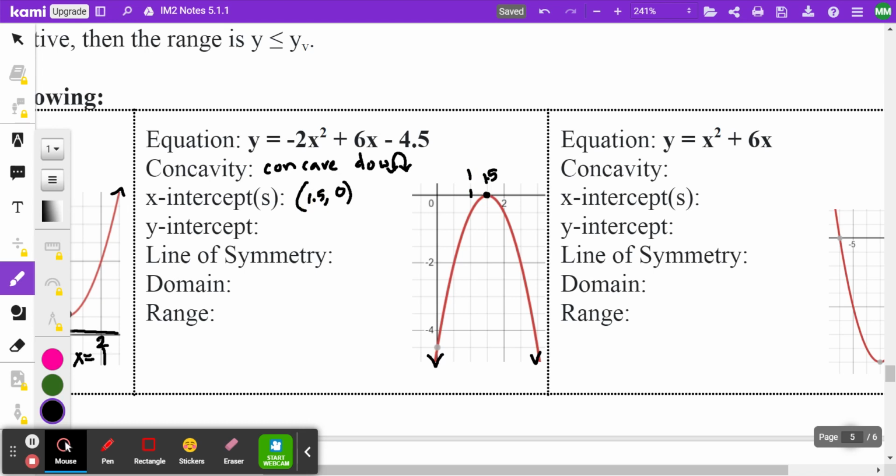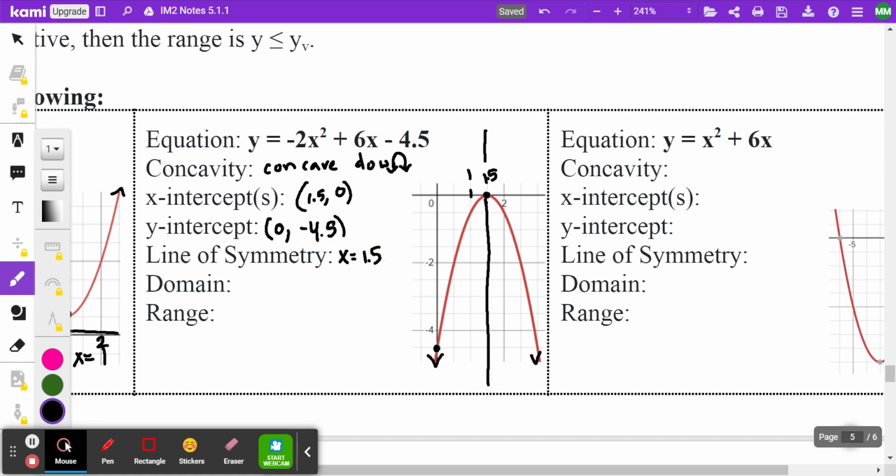And for y-intercept, that's going to be at 0 comma negative 4.5. The line of symmetry, that cuts right down the middle. That's x equals 1.5.